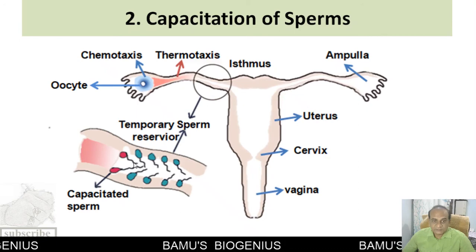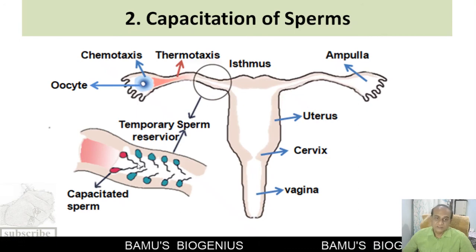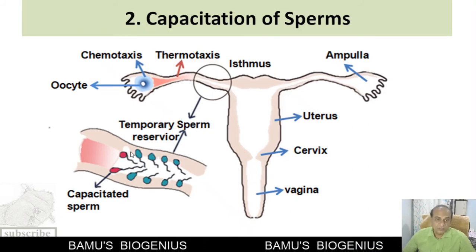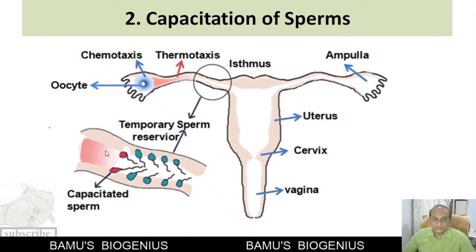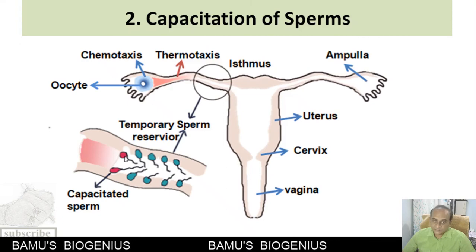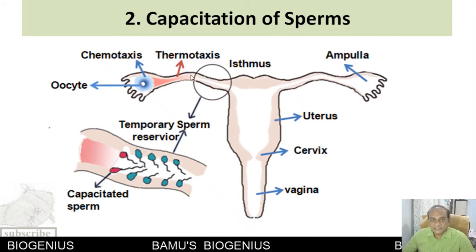That is because of the vigorous increase in the motility of the tail of the capacitated sperm. The sperms are able to move towards the ampullary region, and we can say here that a kind of temperature gradient is there around the ovulation time.